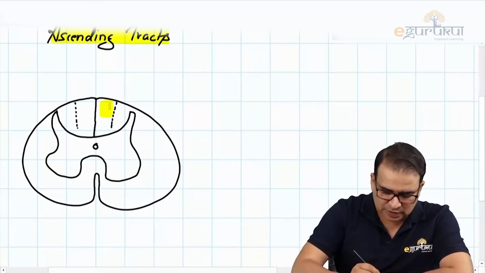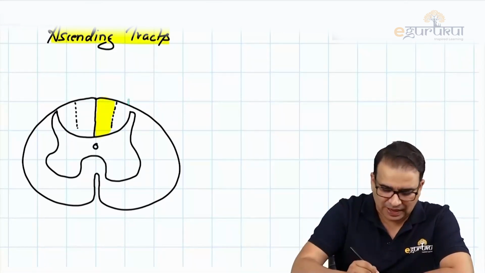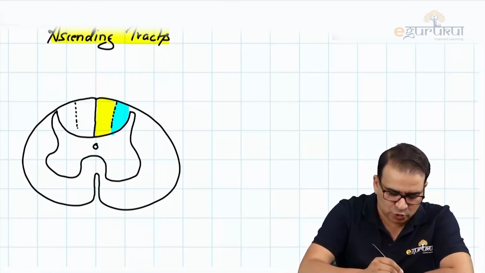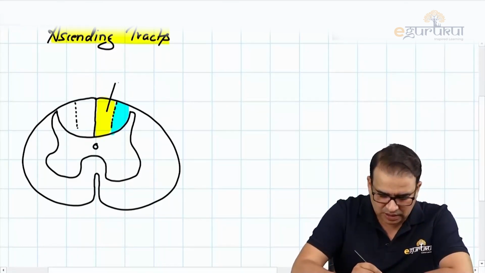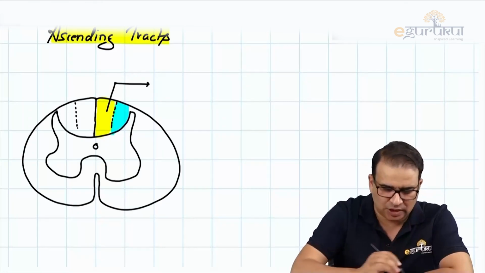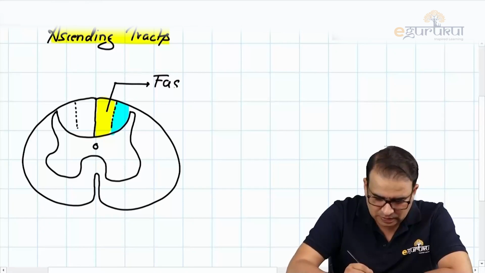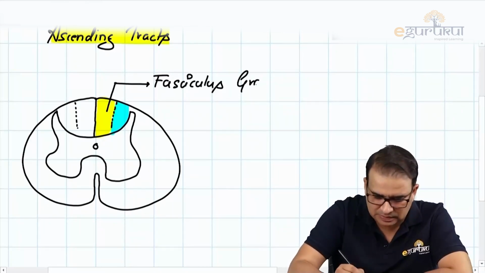So in the dorsal aspect of the spinal cord, we have a tract which is called the dorsal column tract, and this dorsal column tract has two components. The one which is medially placed is called the fasciculus gracilis.